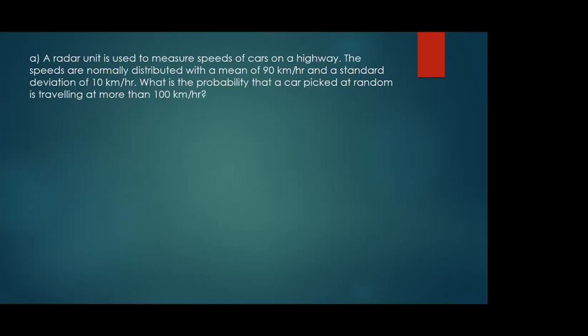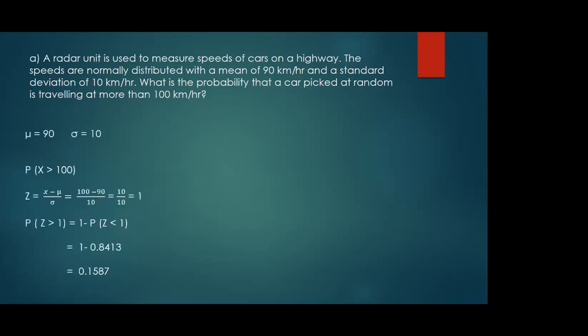All right, so A says that a radar unit is used to measure speeds of cars on a highway. The speeds are normally distributed with a mean of 90 kilometers per hour and a standard deviation of 10 kilometers per hour. What is the probability that a car picked at random is traveling at more than 100 kilometers per hour?